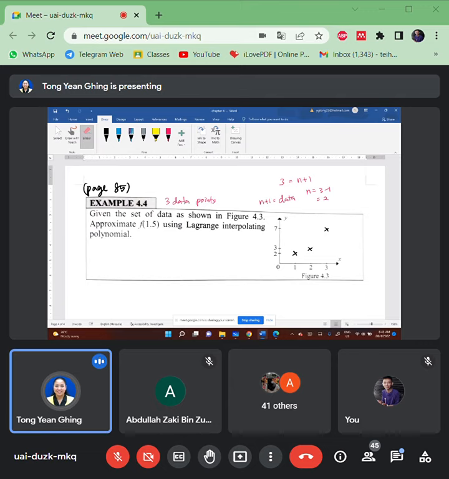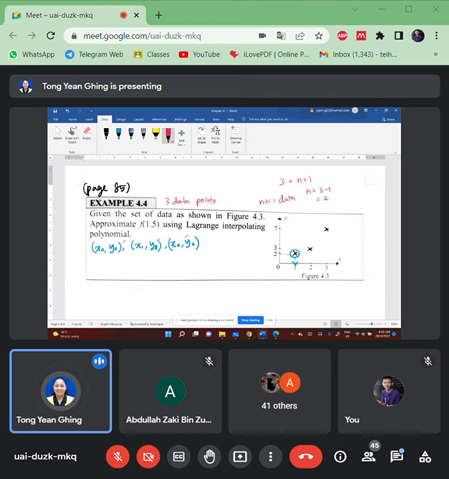So basically, what we have to do first is find the values of x and y based on this figure. Looking at the first point here, x is 1, y is 2. So I write x0, y0, then x1, y1, and x2, y2. I have 3 data points: 1, 2, 3.